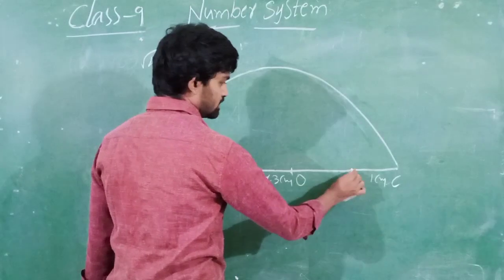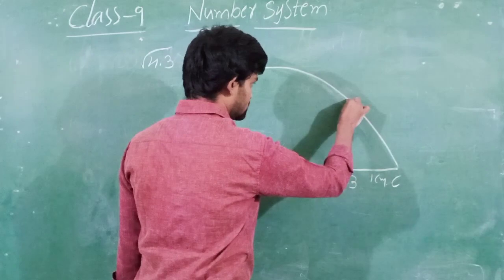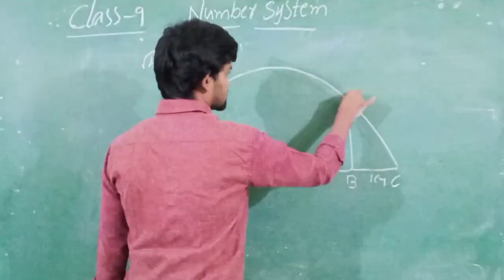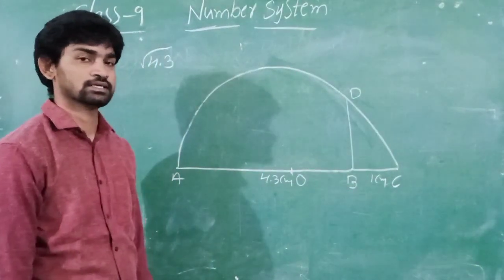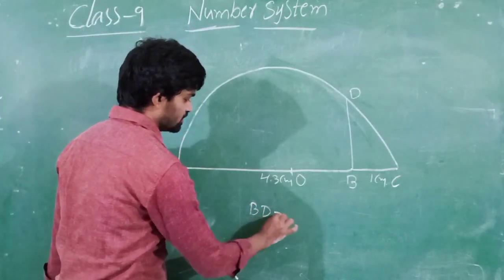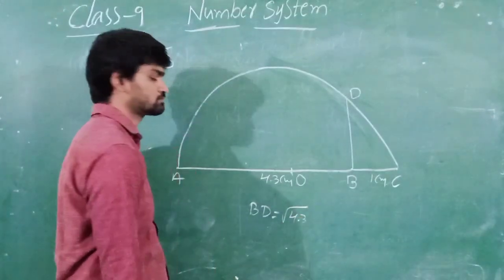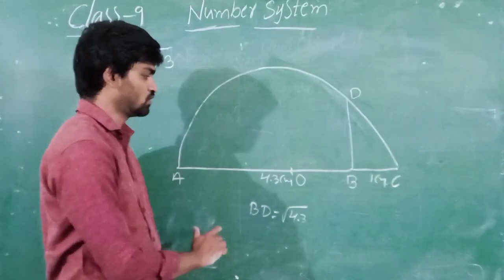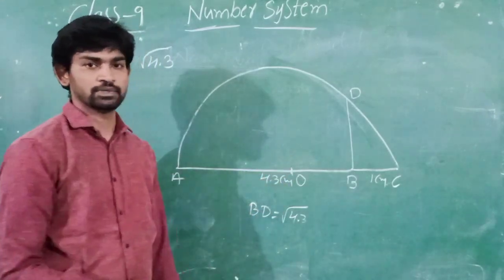At B, draw one perpendicular which touches this semicircle. Name it as D. Okay. Now, if you measure the length of BD, it will be root 4.3. Okay, this is how we visualize root 4.3 on the number line.